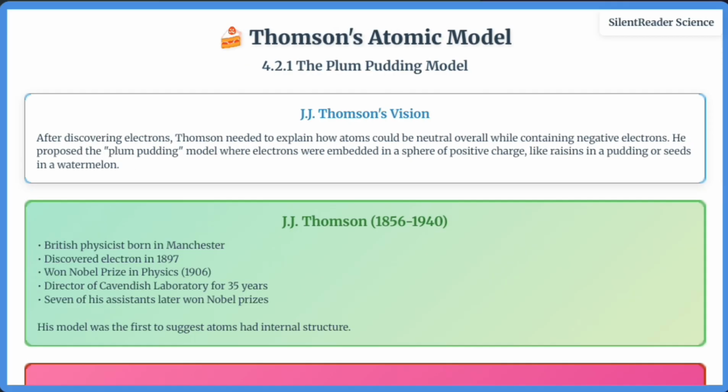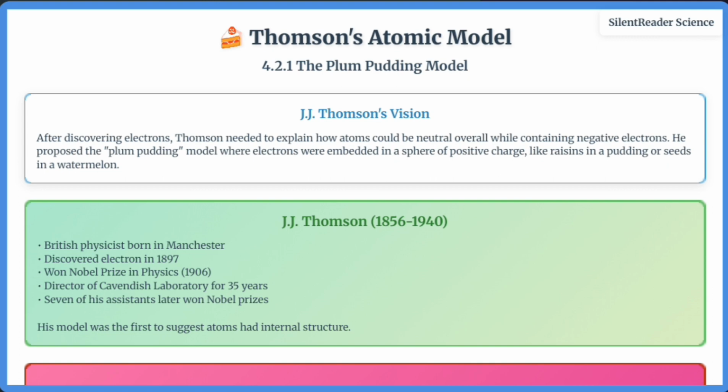Now let's explore J.J. Thomson's atomic model, often called the Plum pudding model. After discovering electrons, Thomson needed to explain how atoms could be electrically neutral overall while containing negative electrons. He proposed that atoms were spheres of positive charge with electrons embedded throughout, like raisins in a pudding or seeds in a watermelon.